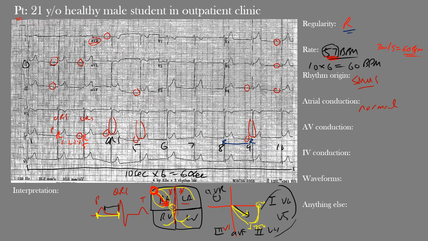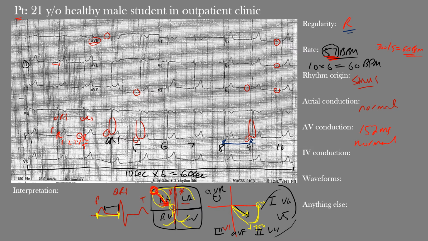And if you look here, we can erase some of this. Our P wave here, if we look from here to there, it's actually less than 200 milliseconds. So we have a normal PR interval here. It was actually 152 milliseconds, so that's considered normal.